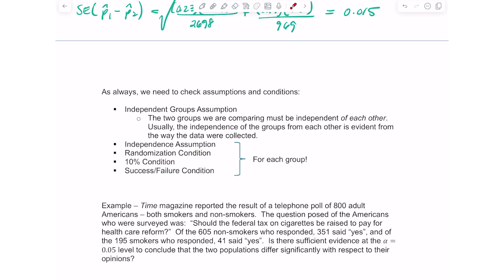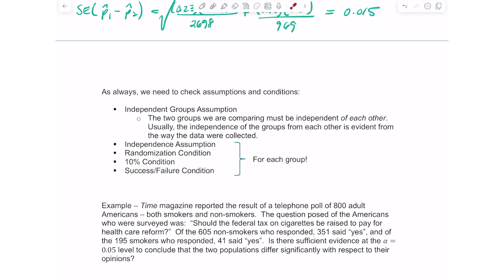We're just saying that both samples were randomly chosen, or if it doesn't say random, you just want to make sure that the sample chosen for both is representative of the population. The 10% condition says that both samples must be less than 10% of the population, which they are. And then the success failure condition has two parts.